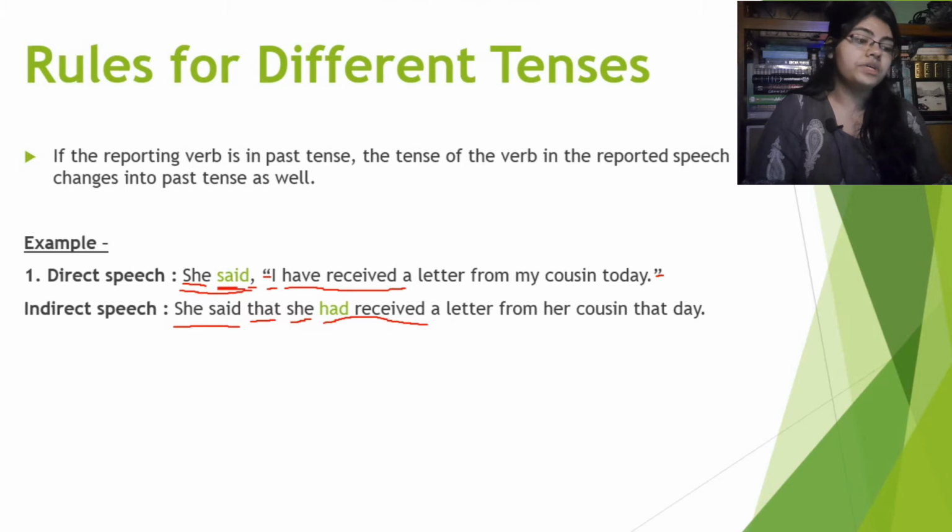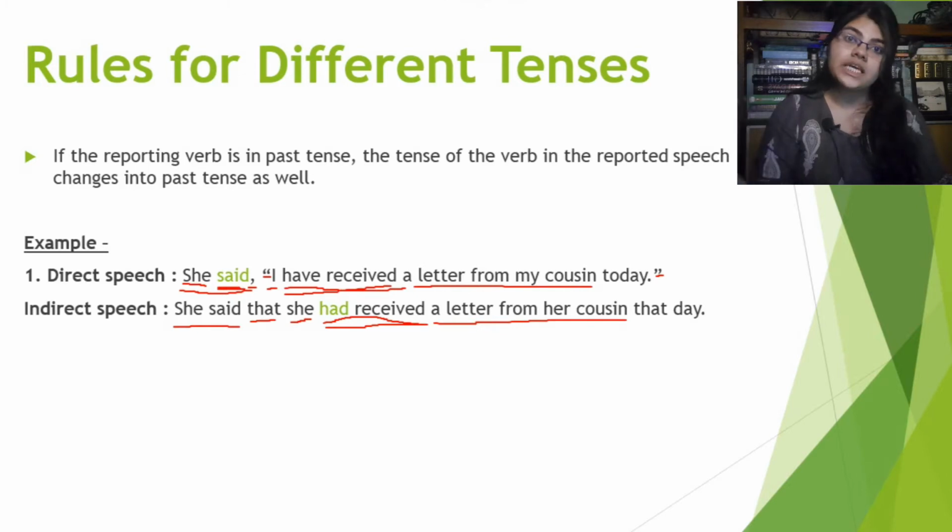The reporting verb is "said." That's why the verb of the reported speech also got changed into past tense. That's why "have received" became "had received." "A letter from my cousin" became "a letter from her cousin."